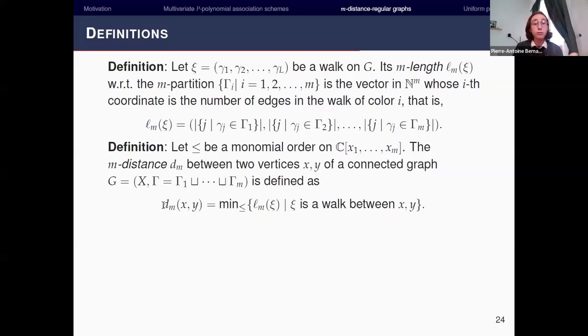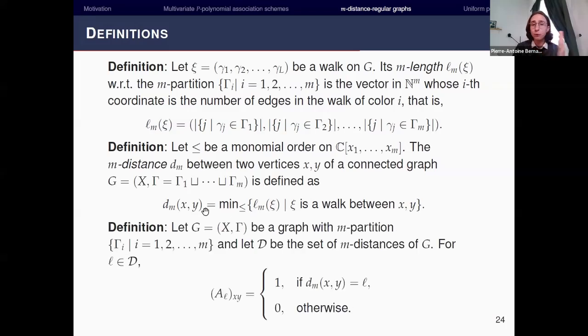And what you do then is you define the m distance, not an actual distance because it will be a tuple of integers, but you define the m distance between x and y to be the smallest possible m length between x and y. The m length of the walk with the smallest possible m length with respect to the monomial order.